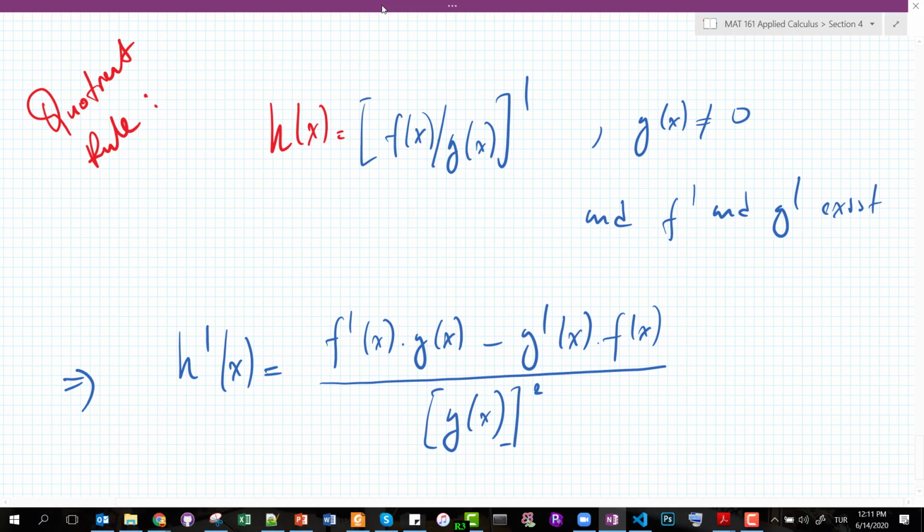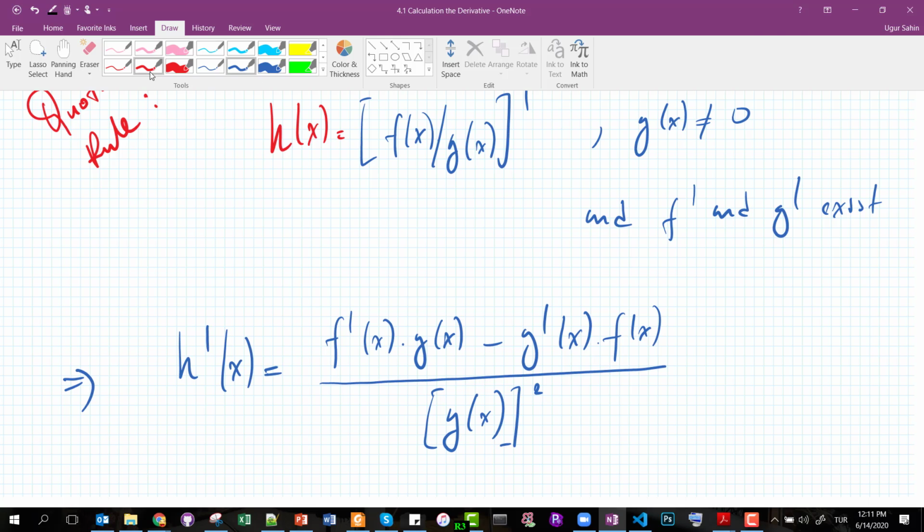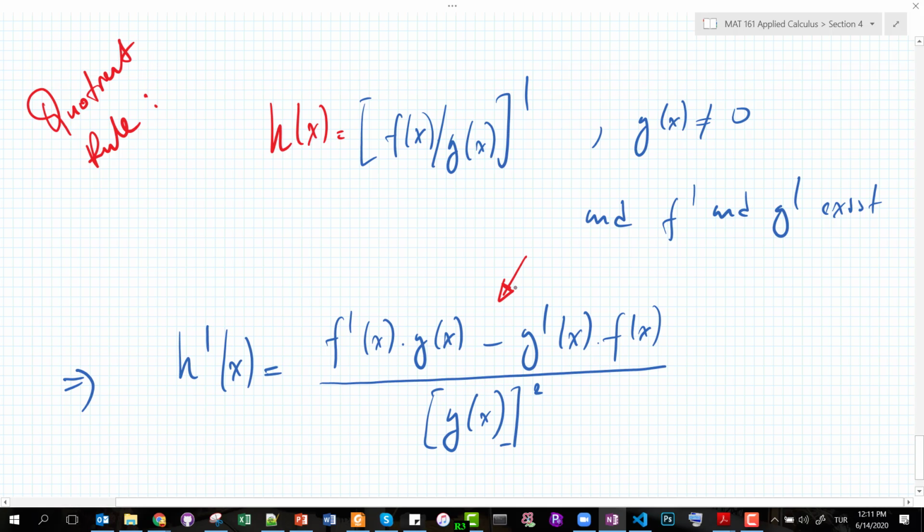It is just a difference with the minus, as you see here. The top part is almost the same, except the sign. You should put the negative instead of the positive. But on the bottom part, you should take the square of the second function in your equation. So the second function is the bottom function, and you need to take the square of it and put it back in the bottom part.